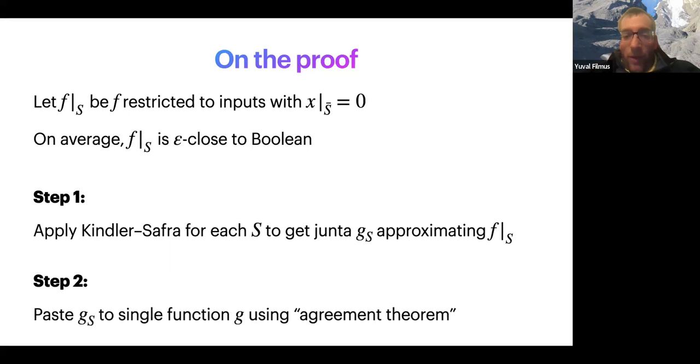And then I'm going to paste them together into a single function g using what's known as an agreement theorem. This is an idea from PCP theory. PCP is something in theoretical computer science. I'm obviously skipping many details here, but this is really the main approach. After step 2, there's some step 3, which is fixing g so that it actually satisfies the properties listed above, but the main idea is this two-step approach.